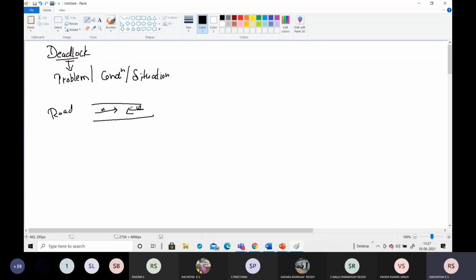Either user 2 has to go around using some other space, or user 1 can. But whatever space there is, it is already filled by other vehicles. So either u1 has to come back or u2 has to come back, but no user is ready to come back. This particular situation we call a deadlock situation.